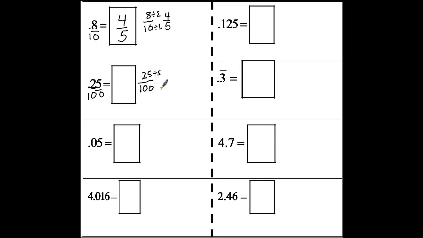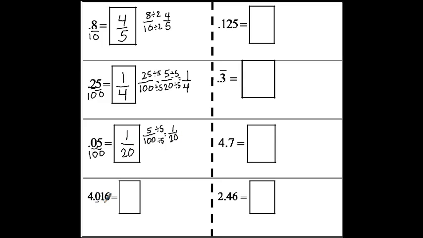The biggest number I could divide by is 25, but if I divide by 5, I get 5 on the top, 20 on the bottom, and I can divide by 5 again. But you need to start recognizing which numbers are quarters, and we get 1/4. So here I have 5 in the hundredths place, dividing the top and bottom by 5, and I get 1/20.